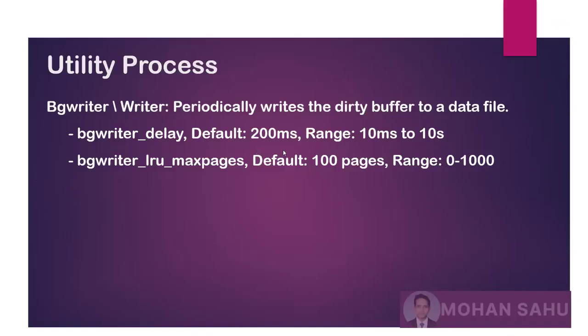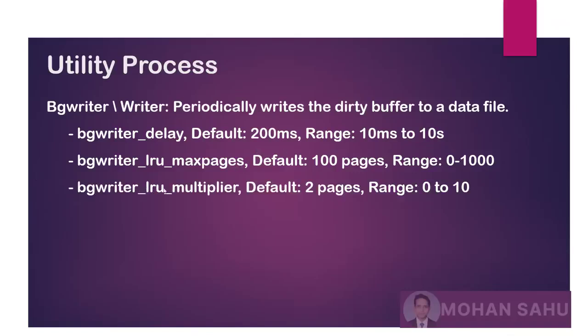And this is bgwriter_lru_multiplier. Again, LRU means least recently used. The default value of this parameter is 2, and it can range from 0 to 10. So let's understand the calculation, how it will calculate how many pages it should write.